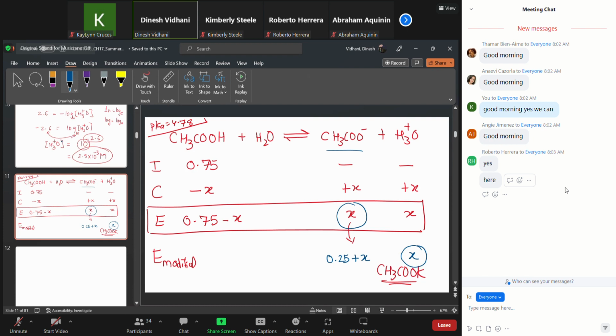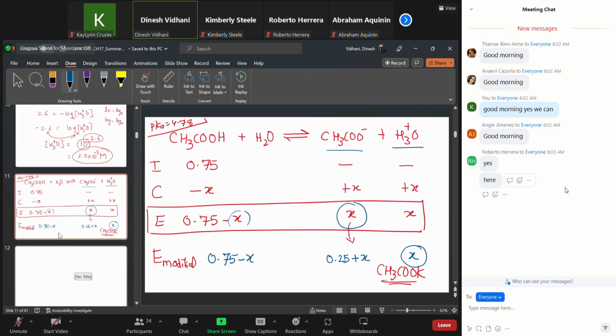No matter how high an amount I have of acetate ions, as long as I don't have enough hydronium ion, I cannot revert the equilibrium to the left side. So this X stays the same, because it depends on the hydronium ion, not on the extra amount of base that you added. So this stays the same.